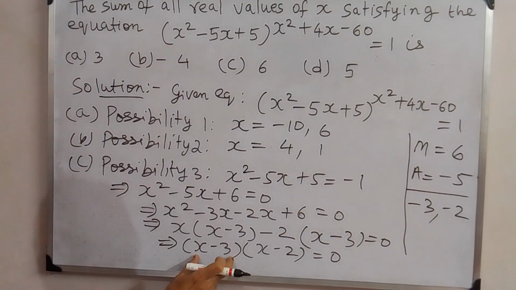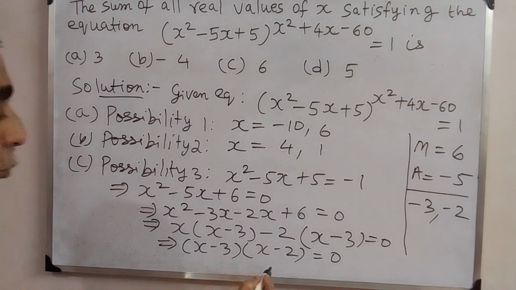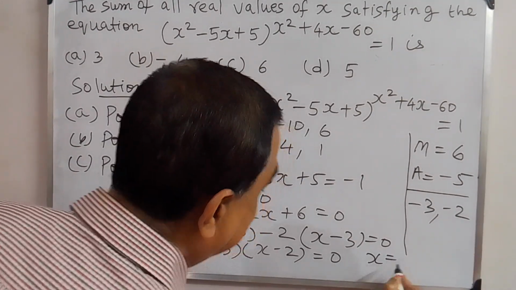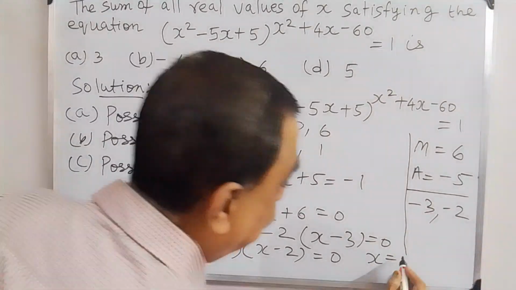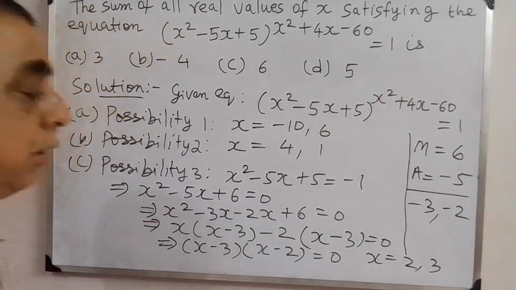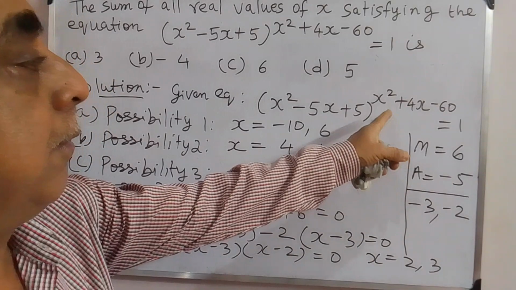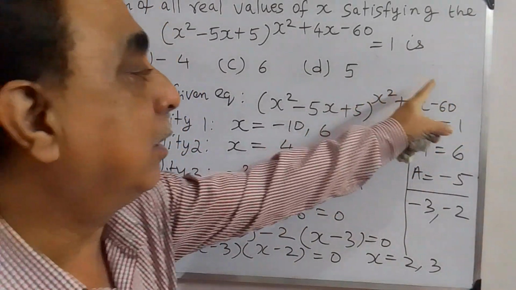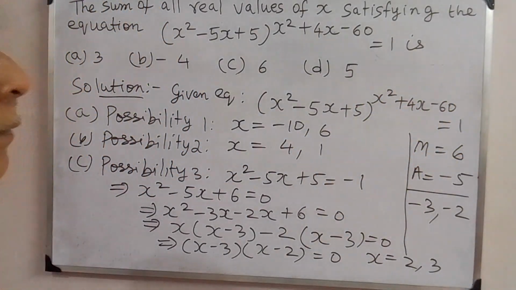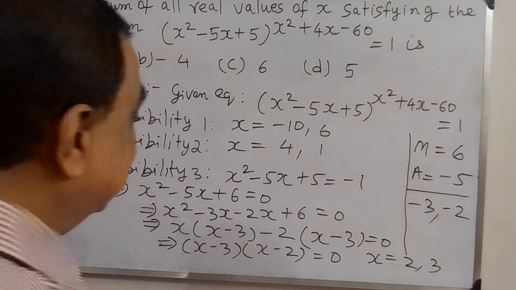On solving it, we get the x values as 2 and 3. Now we have to check for these values of x whether the powers are an odd number or an even number.